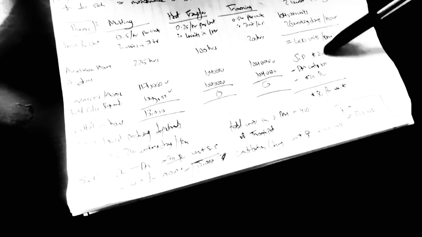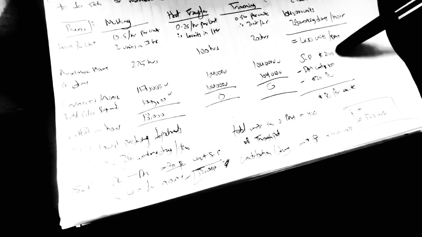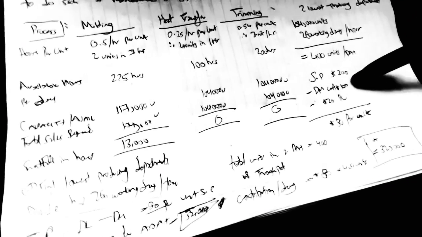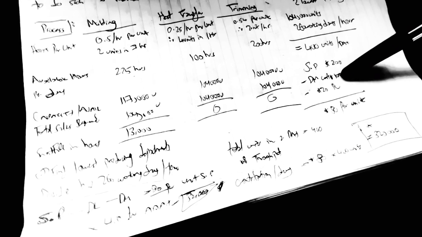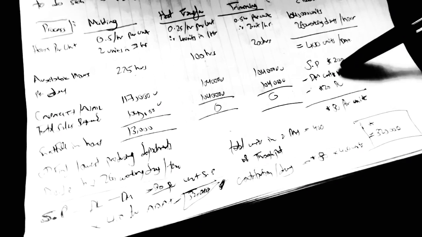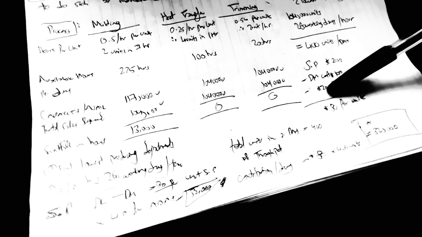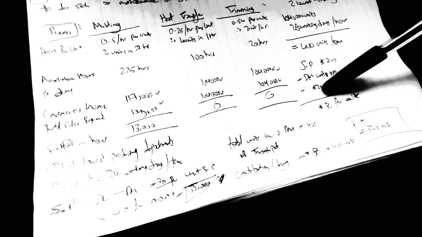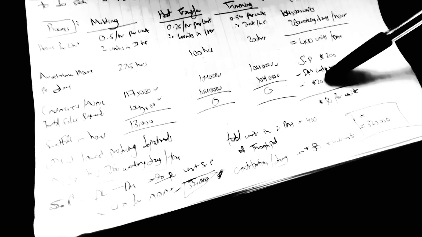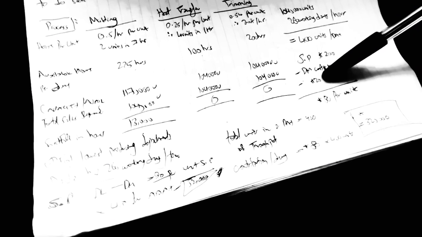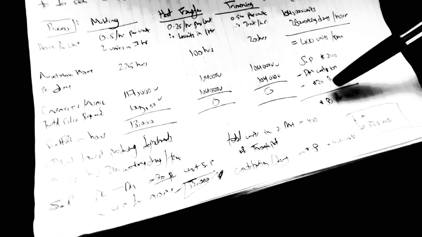Here's another analysis for that. Selling price originally was 200, and then you subtract direct materials at cost for the molding department. Then you also subtract the direct labor cost from the next department, which I think is the heat transfer department.